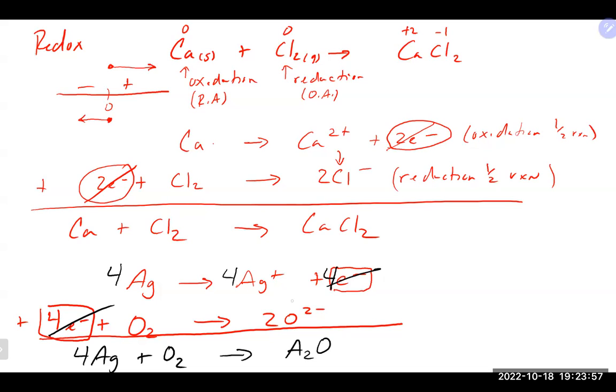And if we take the 4, we'd actually end up with 2 here. So in this particular case, we would have to multiply our half reactions by a common number. That's a really bad example, but it worked out in the end as I fixed it. All right, so in simple half reactions, if you need to add them together, you just need to make sure that you get the electrons to be the same and multiply them across.